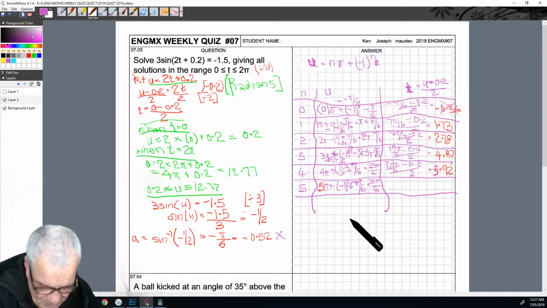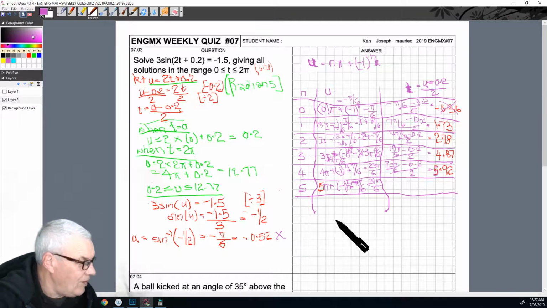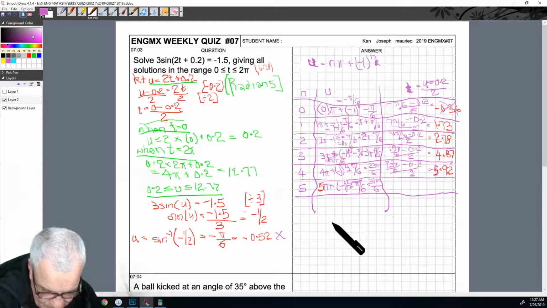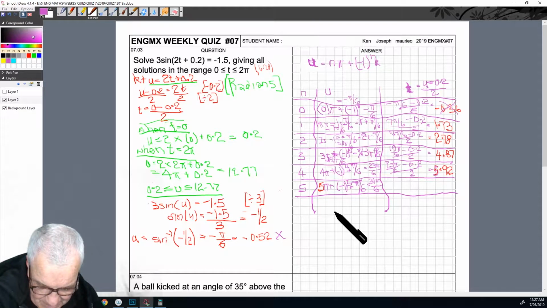Okay, and we can see that 5 pi plus pi by 6 is going to exceed our range for u, because our range for u is 4 pi, so 5 pi is definitely going to be outside the range.